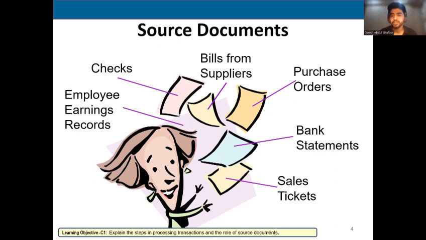Okay, purchase orders: if we want to procure anything from our suppliers, we will make a purchase order for them. Okay. Bank statements, sales tickets. Okay. These all are source documents from where we identify the event or transaction. Okay.